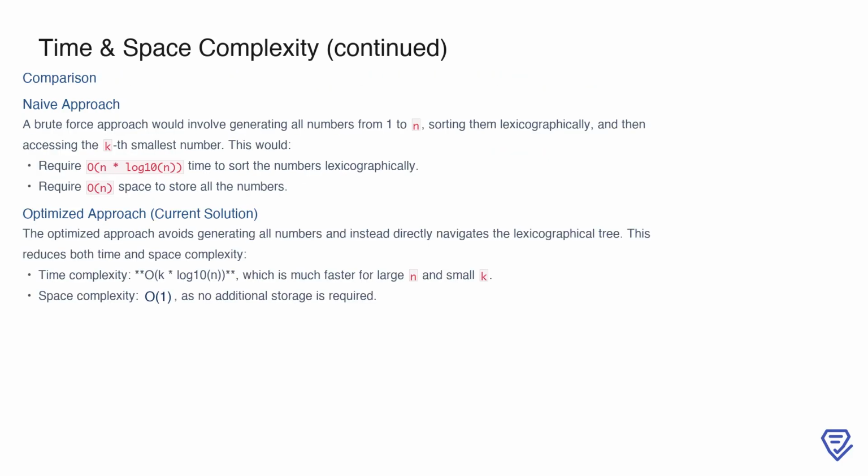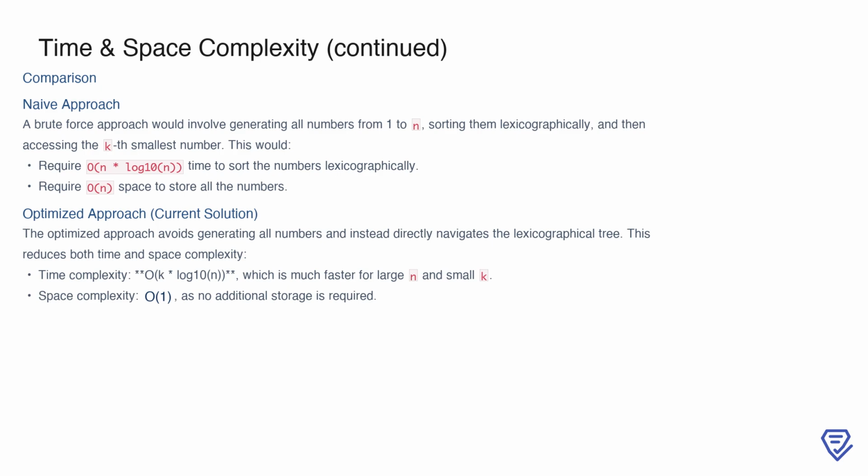To understand the significance of this optimization, let's compare our approach to a naive solution. A brute force method would involve generating every number from 1 to n, sorting them lexicographically, and then accessing the kth smallest number. This would result in a time complexity of O(n log 10 n), due to the sorting step, and a space complexity of O(n), to store all the numbers.